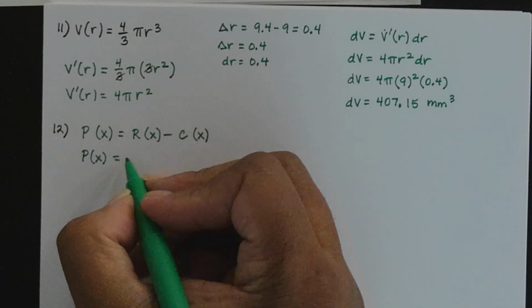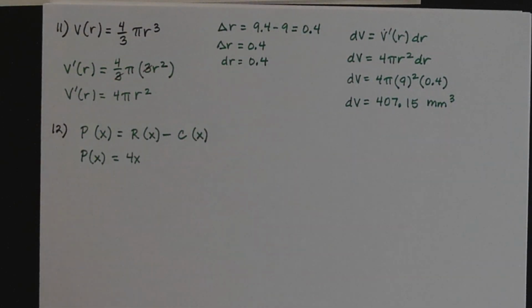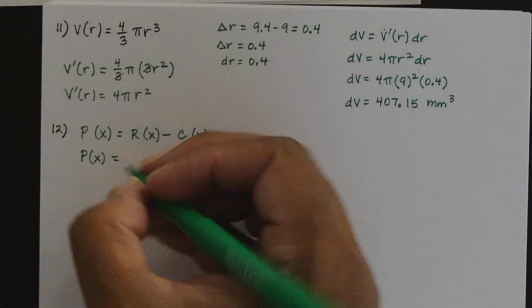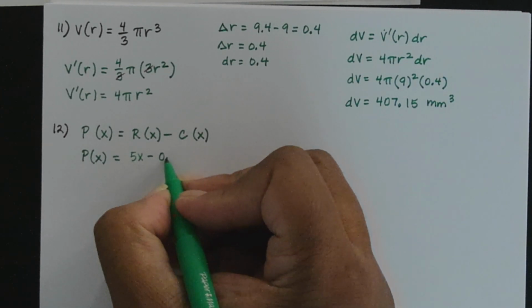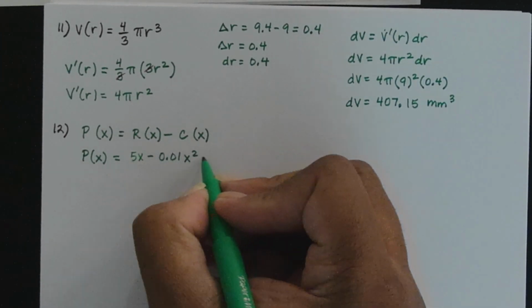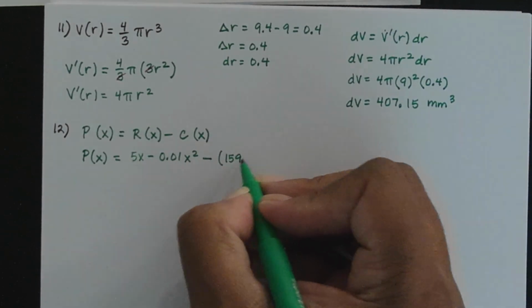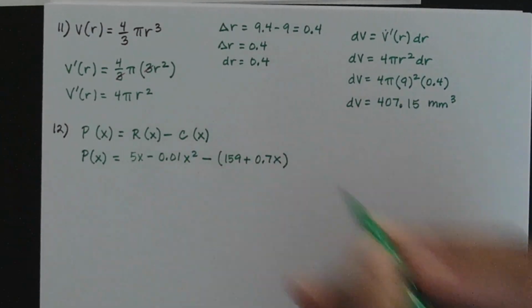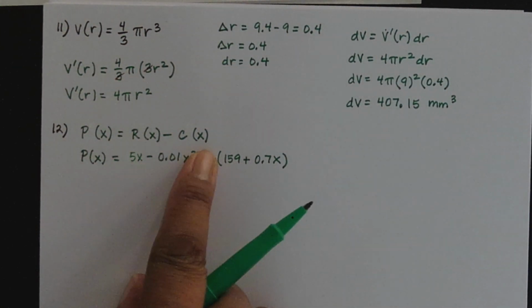My revenue function was 4x, no, it was 5x in problem number 12. It was 5x minus 0.01x squared minus the cost, which was 159 plus 0.7x. Notice that's in parentheses, okay? Revenue minus the cost.